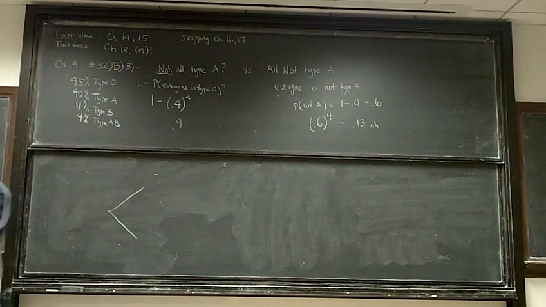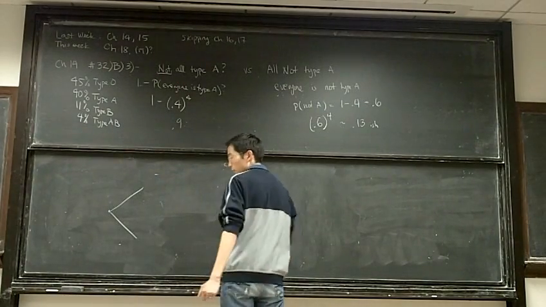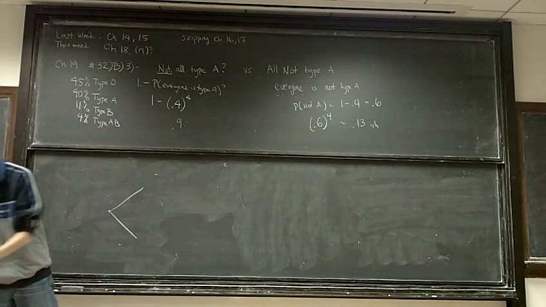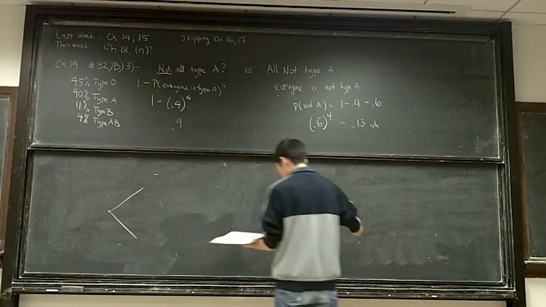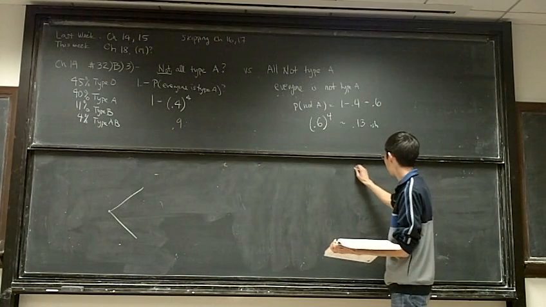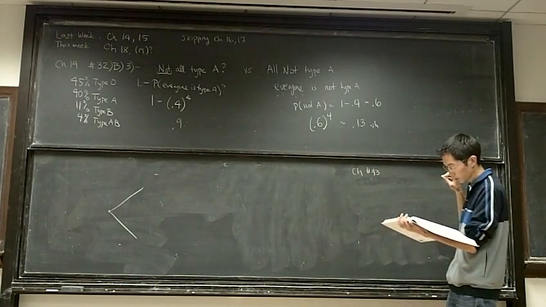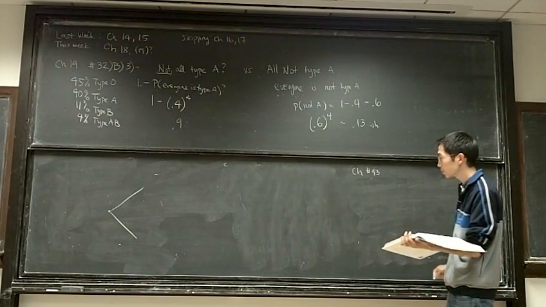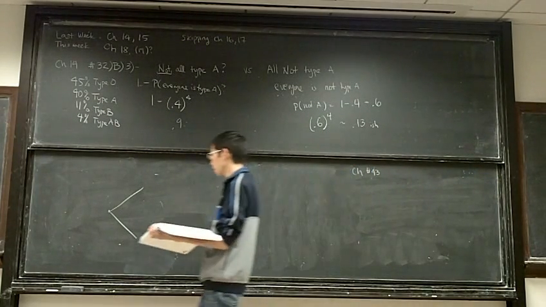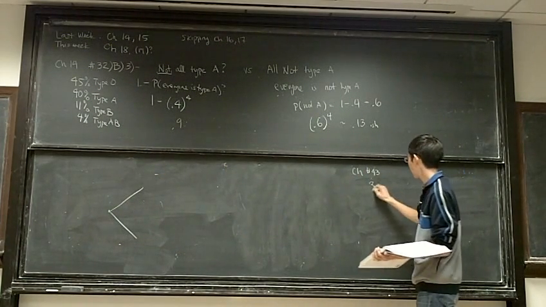So I'm going to look at problem 43, okay? In chapter 15, number 43. So here it says at a restaurant, there's three employees that wash dishes.